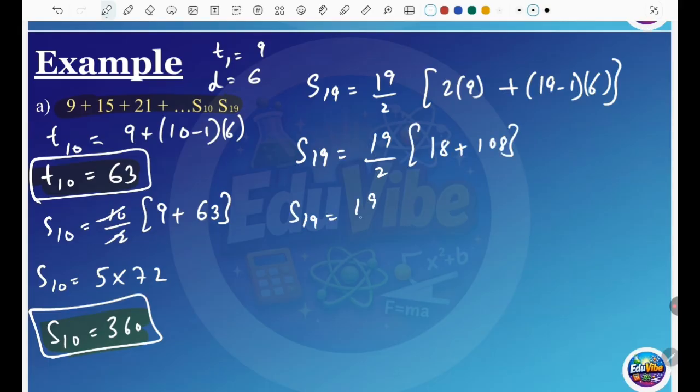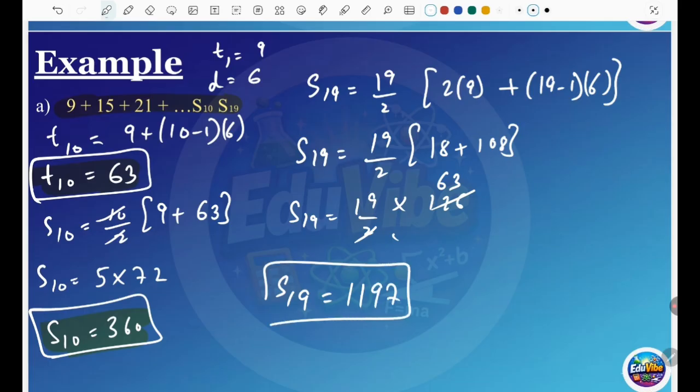You get 19 divided by 2 times 126. This cancels out to 63, so 19 times 63, which is 1197. That's how you can find it using both formulas. This is the first formula, and this is the other formula. Both give you the same answer. That's how you can deal with the sum of the terms.